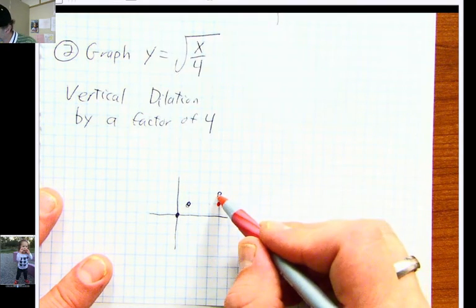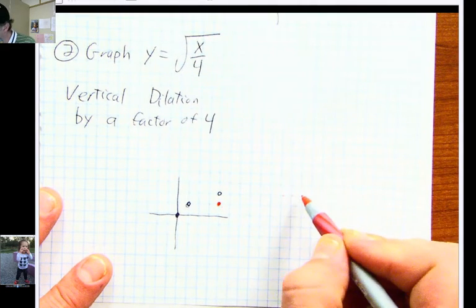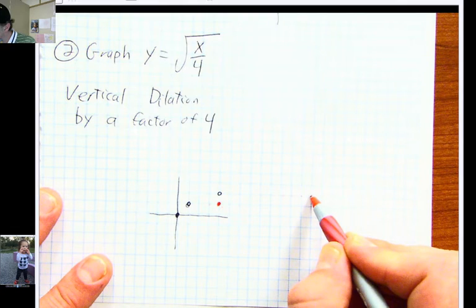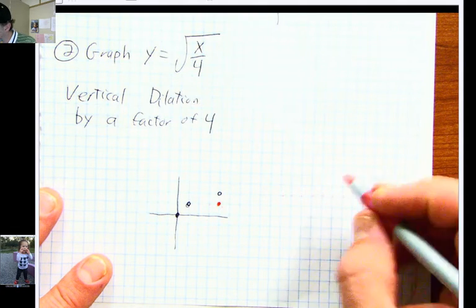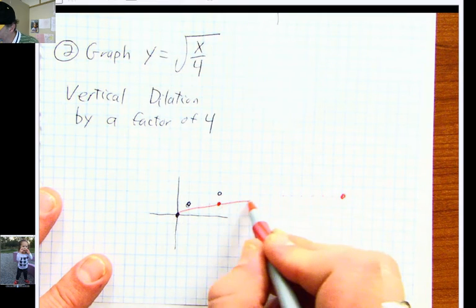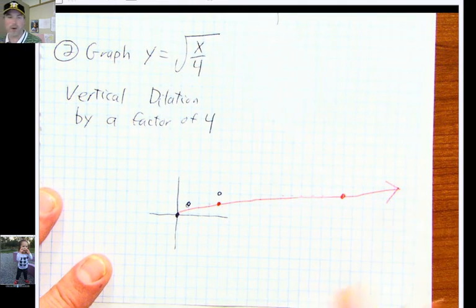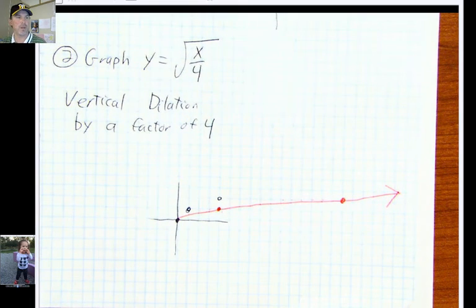So I have 4, 5, 6, 7, 8, 9, 10, 11, 12, 13, 14, 15, 16. And my graph would look like that. Okay, so that is a team graph paper approach for number 2.